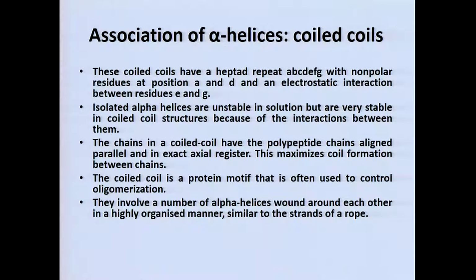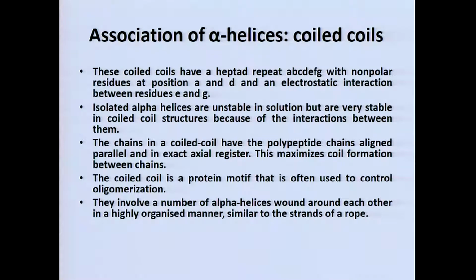If you consider these amino acids as A, B, C, D, E, F, G, A and D are the non-polar residues. So in coiled coils, the amino acids are in heptad repeats, with A and D the non-polar amino acids, and E and G the electrostatic interactions.